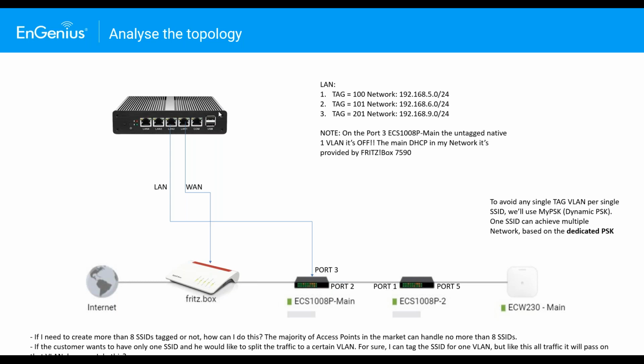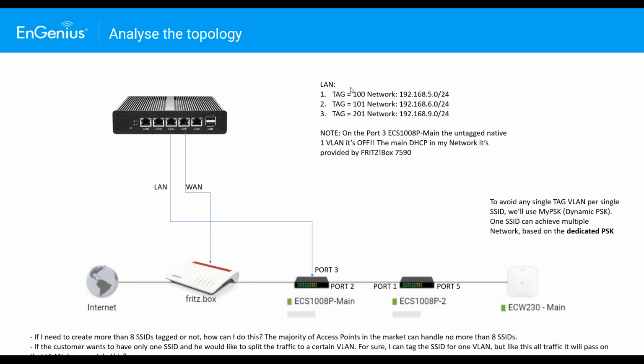No, I do not have a different native VLAN. Thinking about native VLAN 1 as untagged, it's not native VLAN, it's untagged. It's really difficult to explain, but think of it more simply: the firewall's untagged is coming out, and the Fritzbox also provides untagged, so I need to avoid untagged coming into the same switch.